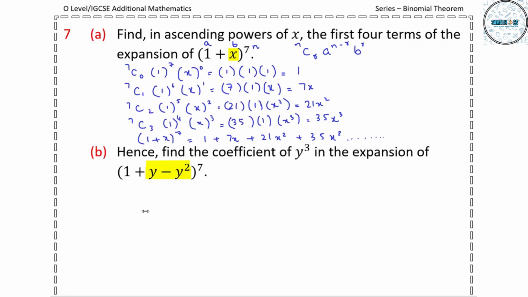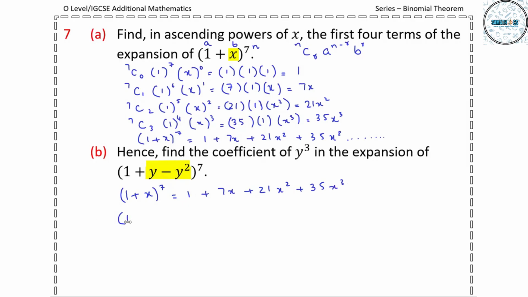It means the expansion which we have got in first part is having x in it. We will replace that x by y minus y square because this x is replaced by y minus y square here. So 1 plus 7x plus 21x square plus 35x cube.